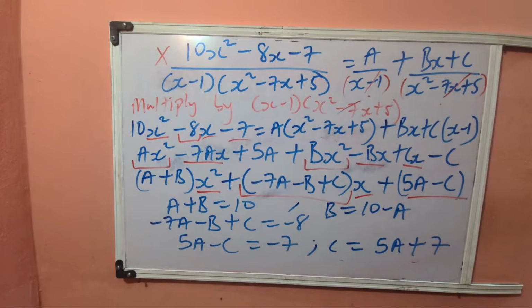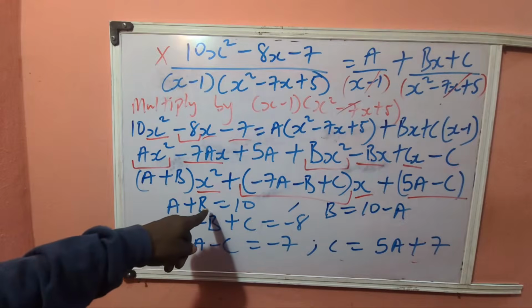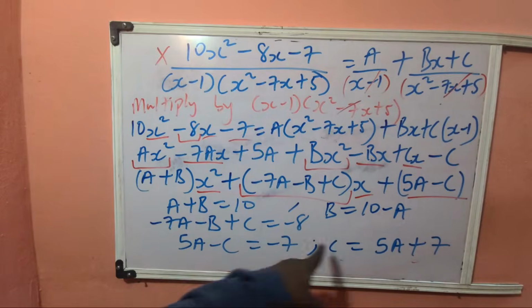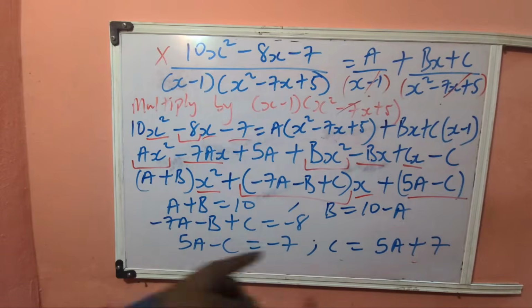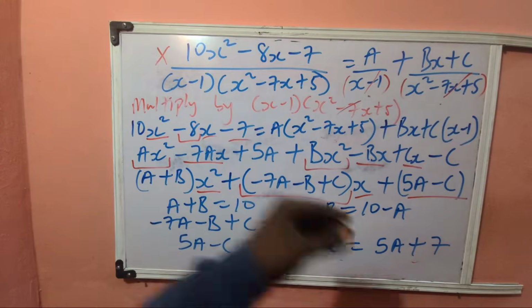Now, for those of you probably wondering what's going on here, if you can see what I'm trying to do, I'm trying to make B an expression that has A, and also make C an expression that has A, so that when I go and fix B and C into my second equation, everything will now have A.